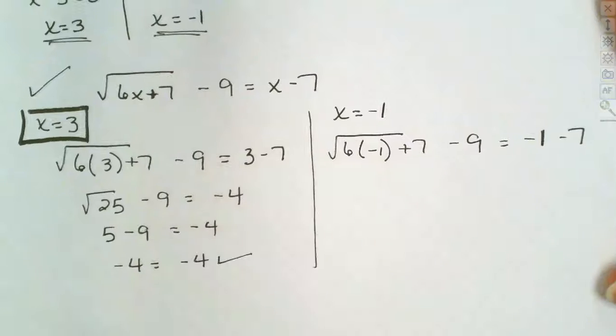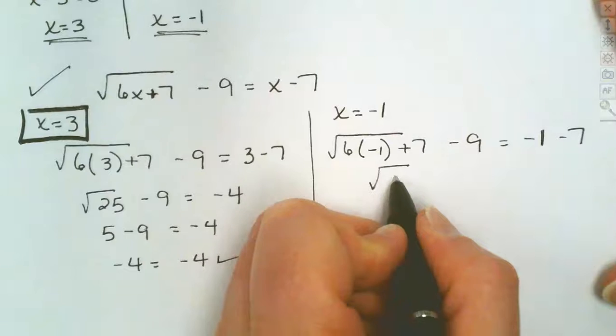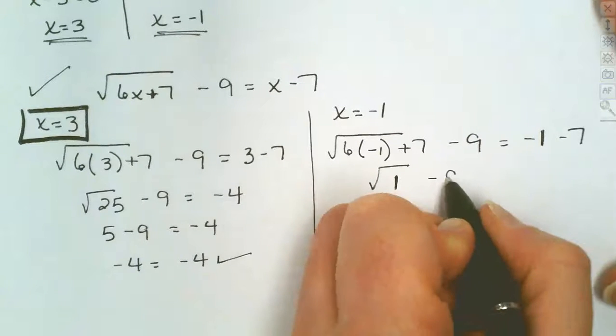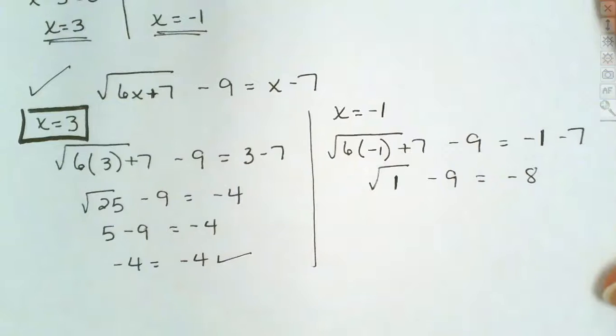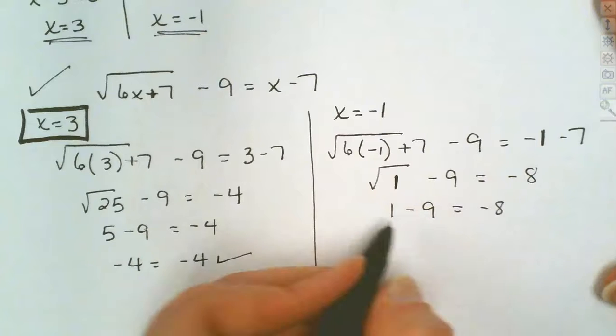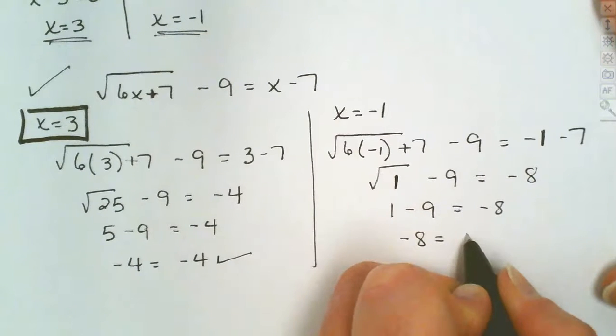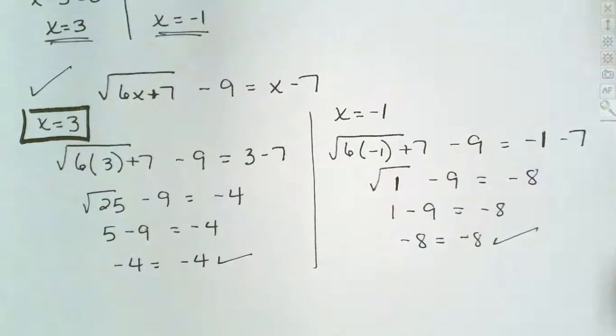So 6 times a negative 1, well, that's a negative 6, plus 7 makes it 1, minus 9. The right-hand side is a minus 8 when we combine. And square root of 1 is 1, so that's 1 minus 9. And 1 minus 9 makes it a minus 8. The sides match. That means it works as well.